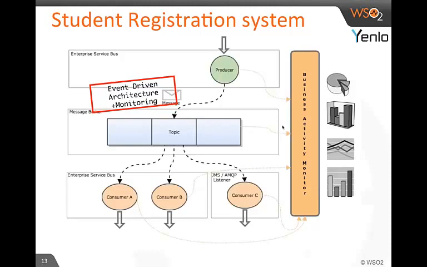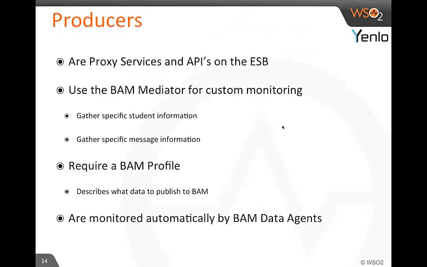To make use of that functionality, we require some BAM profiles, and those BAM profiles make the connection between the ESB and the BAM. As I said before, we're also using the BAM data agents for incoming messages to track and trace messages and to monitor all the messages that are coming into the ESB. So also messages that aren't related to student messages are monitored by using the BAM data agents.